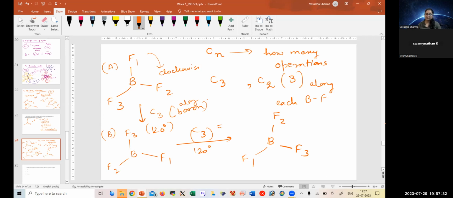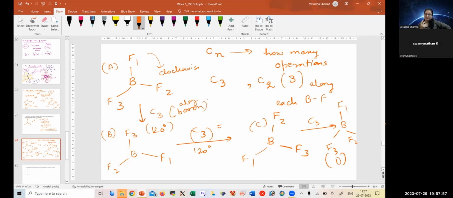They are equivalent. So this is also valid. Until we are getting equivalent or identical, that is fine, right? Now give one more C3. What would be the places of the fluorine atoms? 1, 2, 3. So this is F1, this is F2, F3. Now see images D and A.